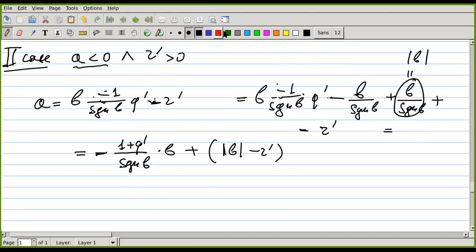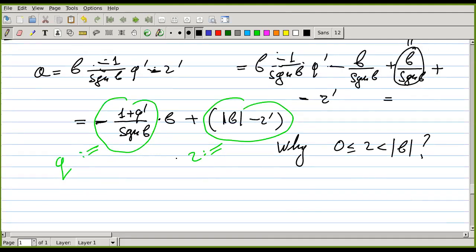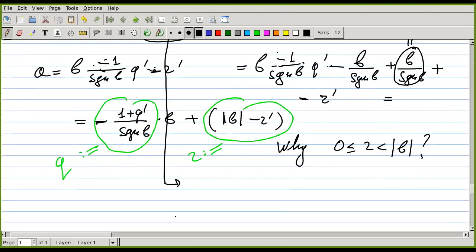Yes. So what do I have here? Here I have B multiplied by some Q, and this one is the R I required. Let's prove that this R is as we need. First of all, you know, R prime is positive in this case.